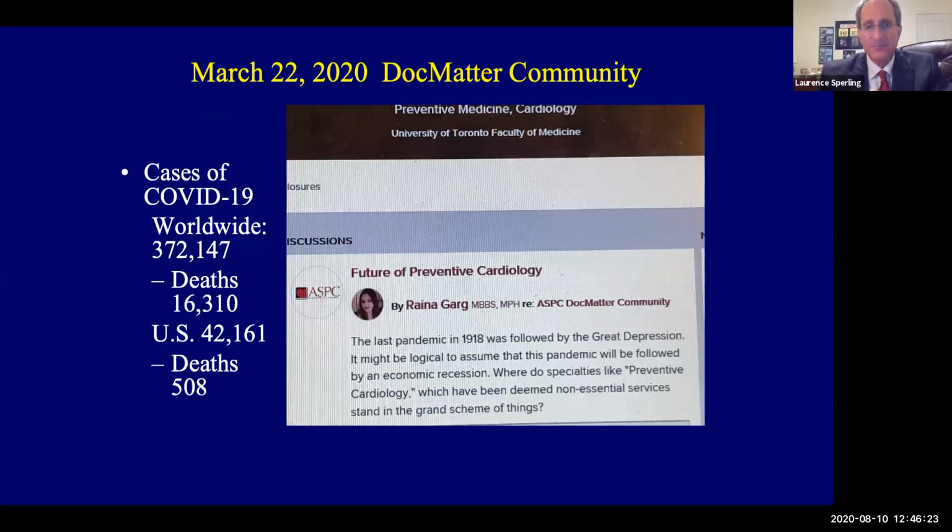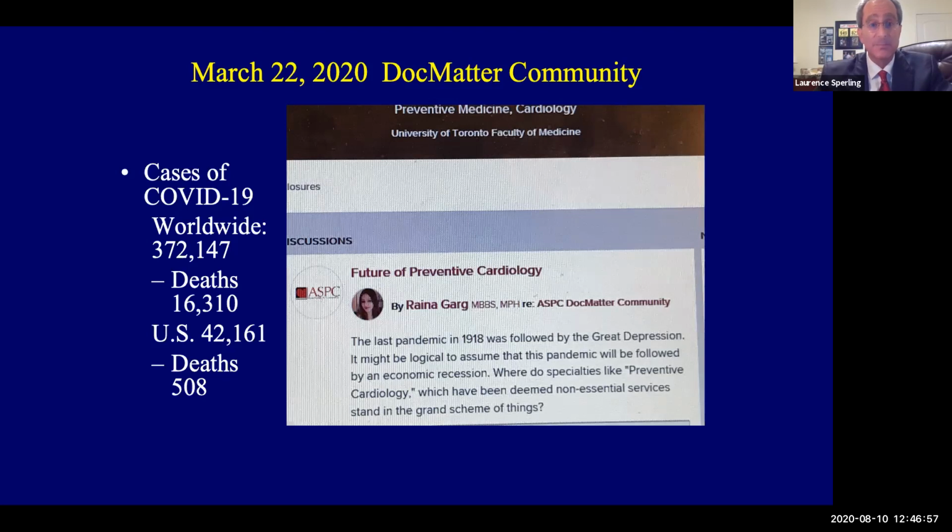Back in March, on a medical chat site called the Doc Matter Community, a trainee posed a question about the future of preventive cardiology, saying that back in 1918, when the Spanish influenza pandemic led to a following Great Depression, what will be the future of preventive cardiology, which has been deemed a non-essential service in the grand scheme of things?